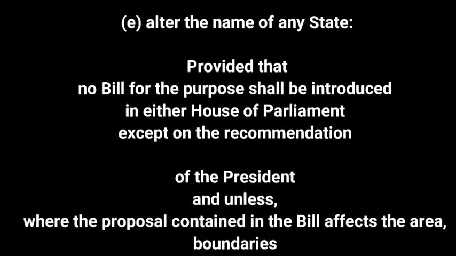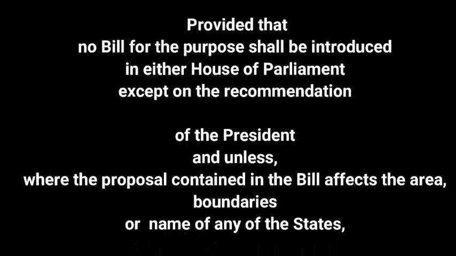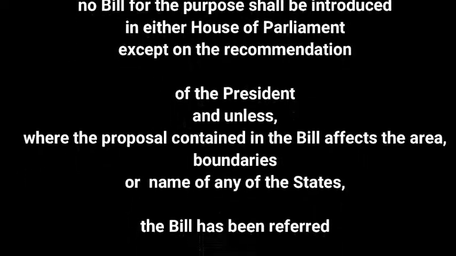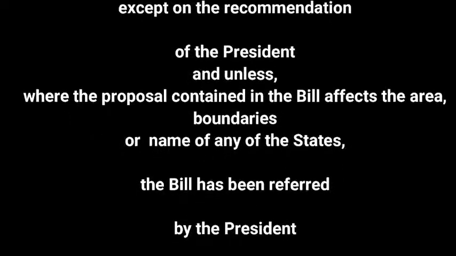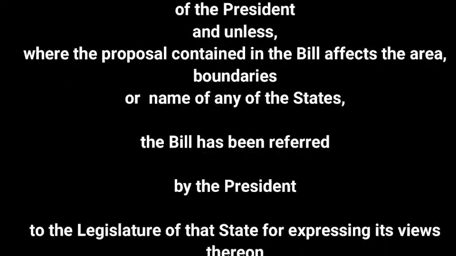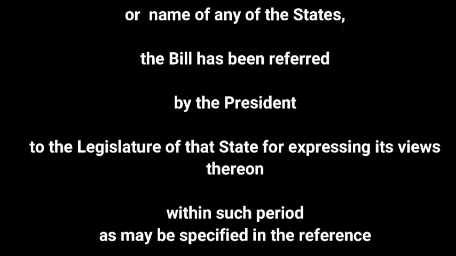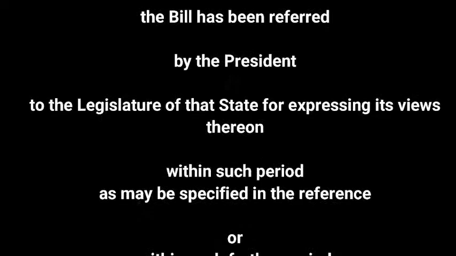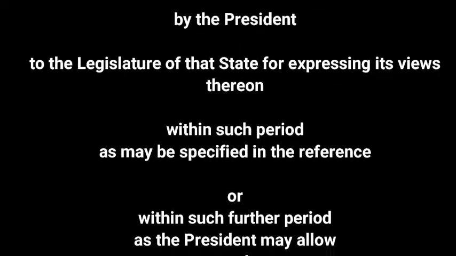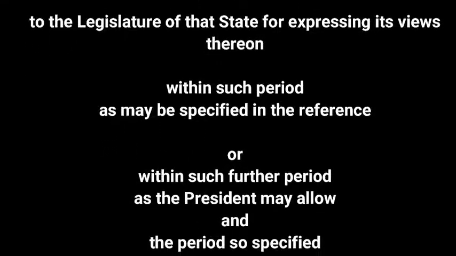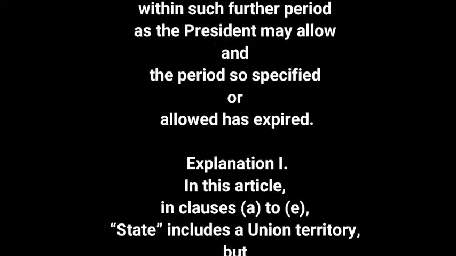Provided that no bill for the purpose shall be introduced in either House of Parliament, except on the recommendation of the President. And unless, where the proposal contained in the bill affects the area, boundaries or name of any of the states, the bill has been referred by the President to the legislature of that state for expressing its views thereon within such period as may be specified in the reference, or within such further period as the President may allow, and the period so specified or allowed has expired.